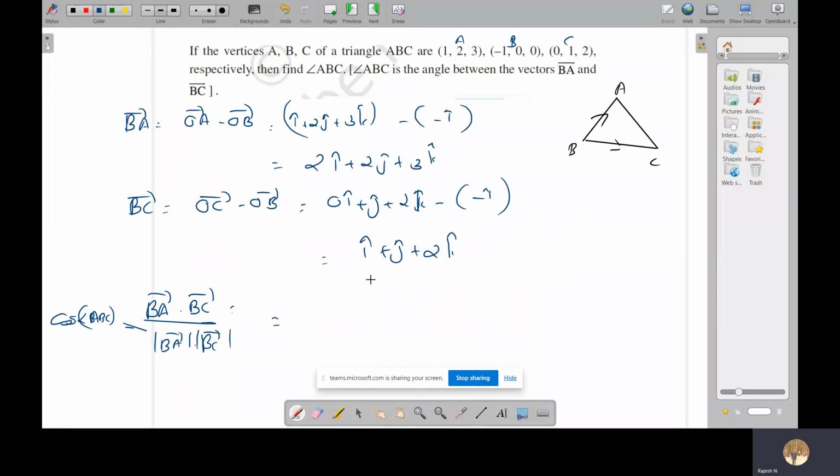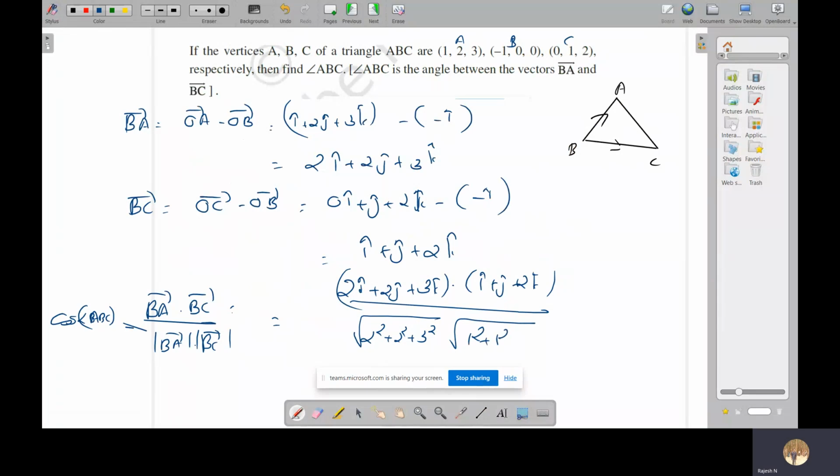What is BA? 2I cap plus 2J cap plus 3K cap dot I cap plus J cap plus 2K cap, by root of 2 squared plus 2 squared plus 3 squared into 1 squared plus 1 squared plus 2 squared.